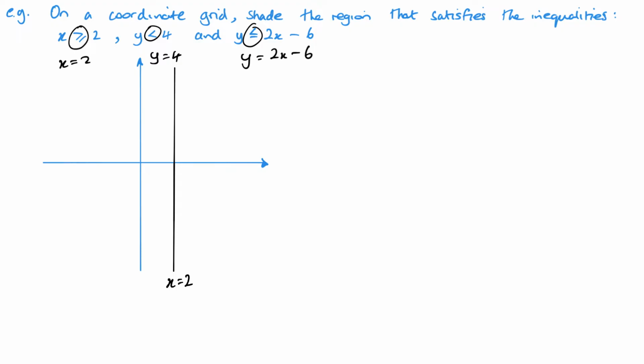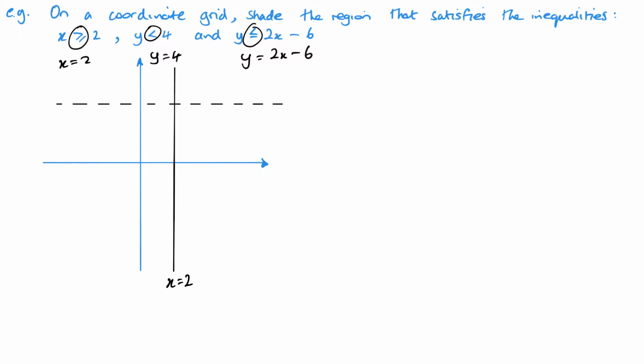The next line I'm going to draw is y equals 4, which is obviously going to cross the y-axis at 4. But in this case, it's going to be a dashed or dotted line because the inequality doesn't contain an equals. That's saying a value can't be on the actual line. With x equals 2, it can be on that line because it's greater than or equal to 2.